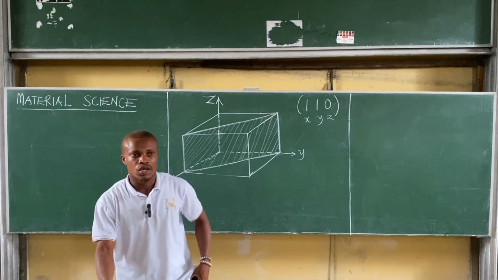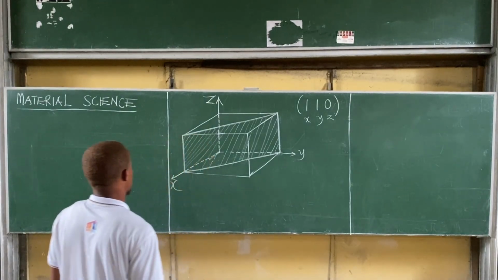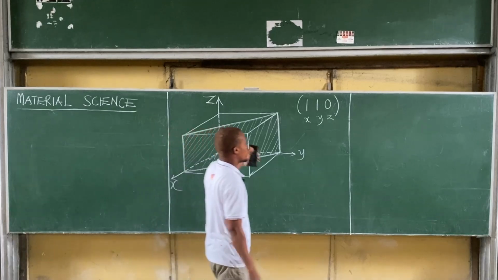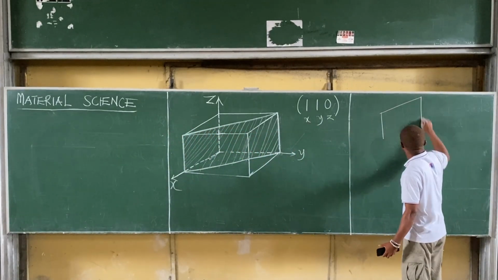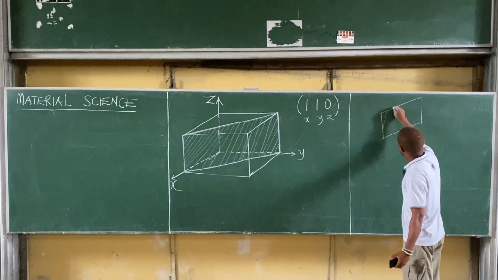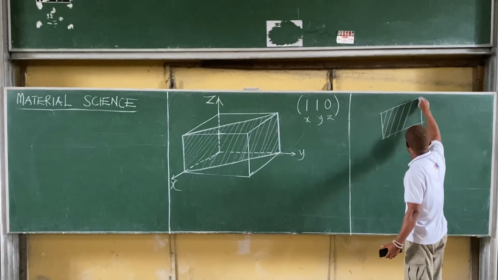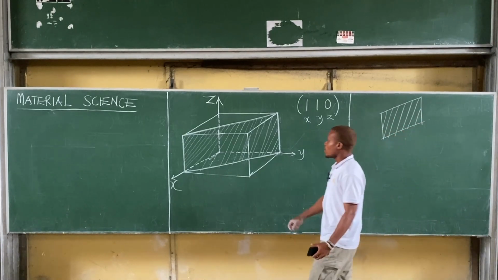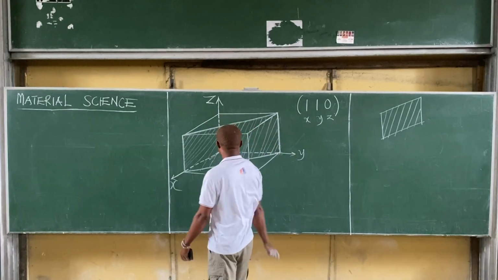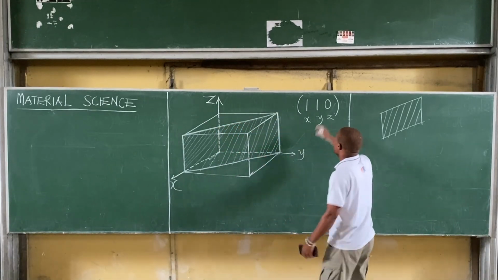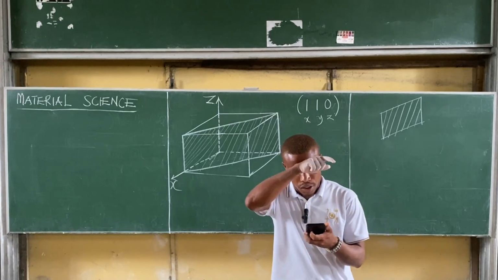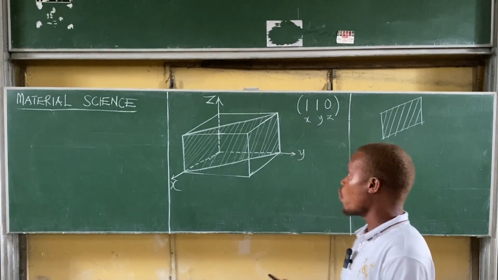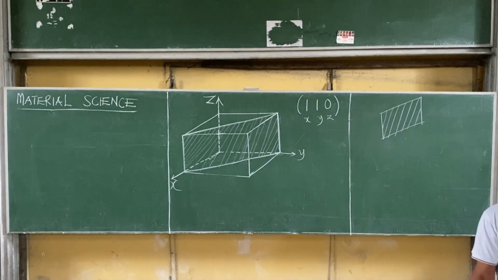Okay, that is that. Mind you, the thickened part gives us our plane for these Miller indices. So our plane looks like this, which is parallel to our z-axis since our z-axis has no value. That is the plane for the given Miller indices.